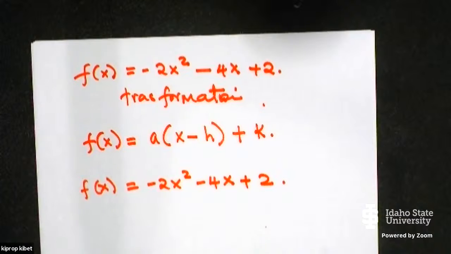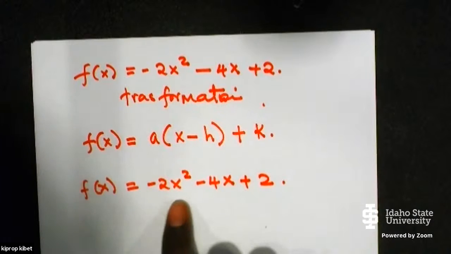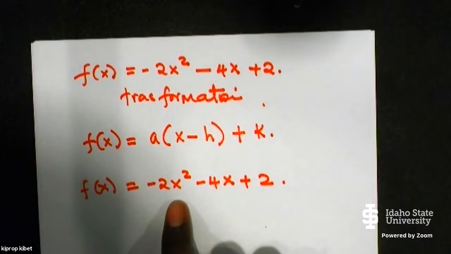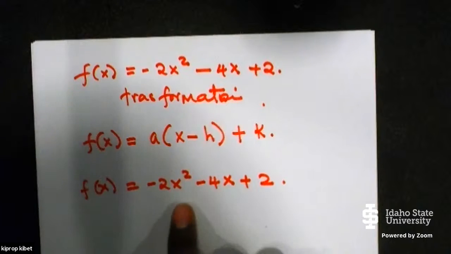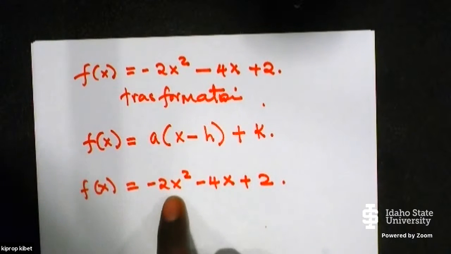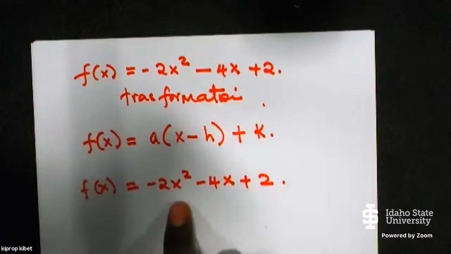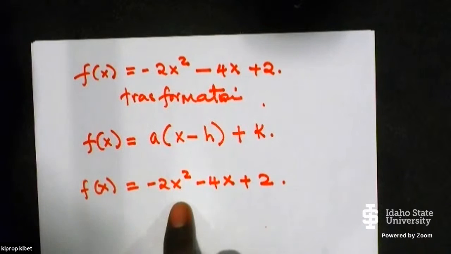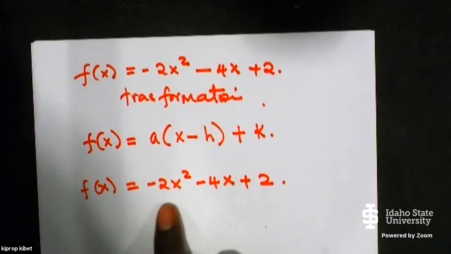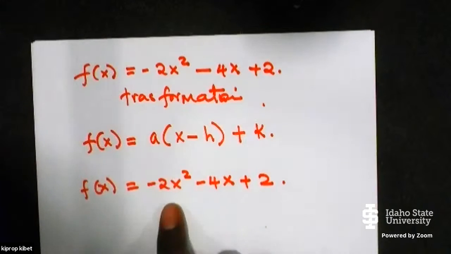We do the completing squares. When you're completing the squares, you make sure the coefficient of x squared is 1, right? In this case, because we are not completing the squares the way we did last time, here we only complete the squares on one side.